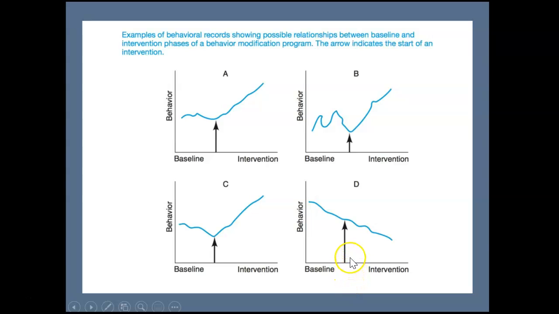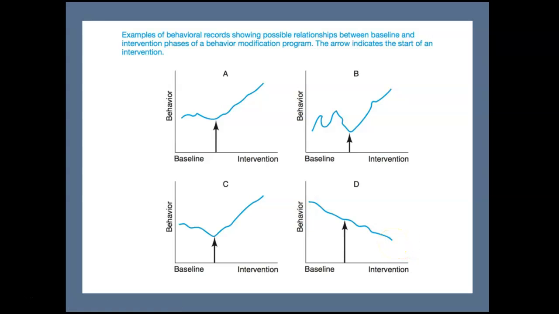In image D, there are a number of different interpretations. You don't really have a baseline that you've established. There's a steady decline in the rate of the behavior that you're interested in. Applying the intervention at this point is kind of meaningless because you just have a continued steady decline in the behavior.